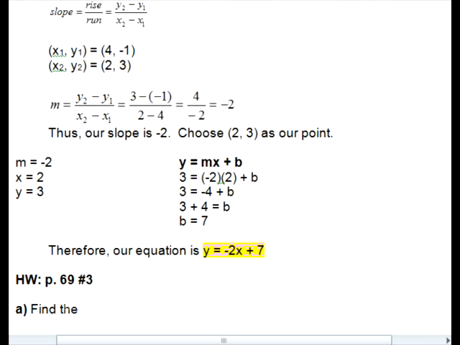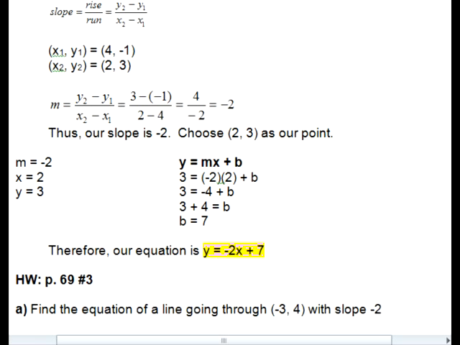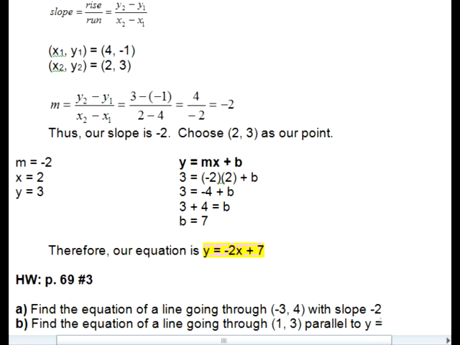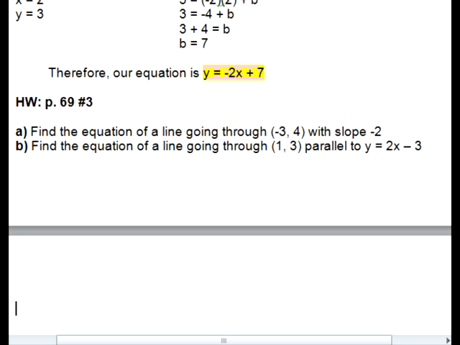A is going to say find the equation of a line going through -3, 4 with slope of -2. B is going to be find the equation of a line going through 1, 3 parallel to y equals 2x minus 3.